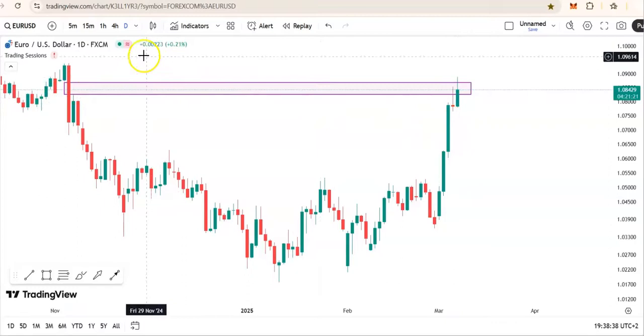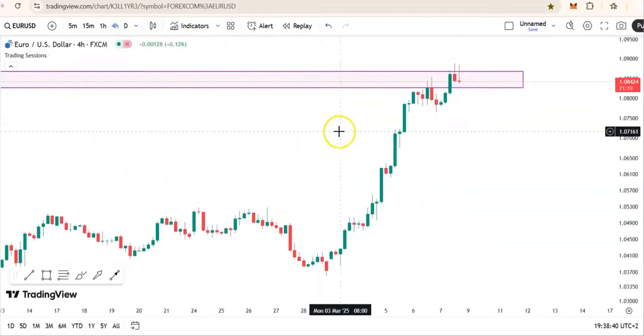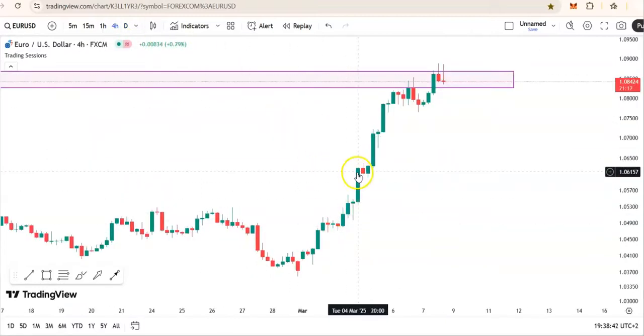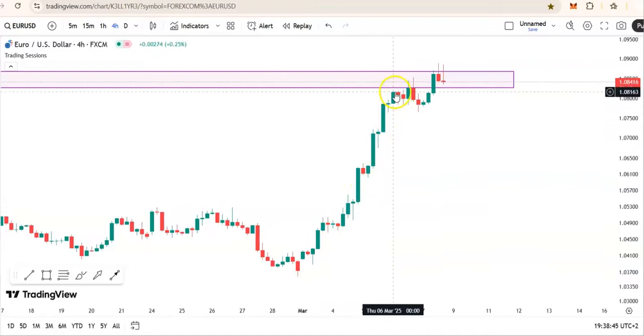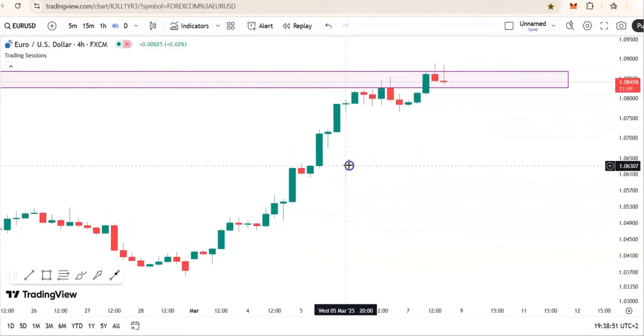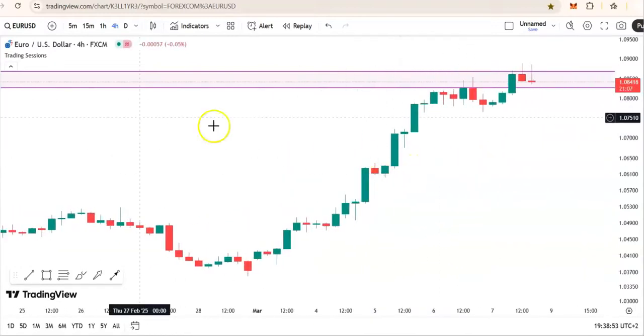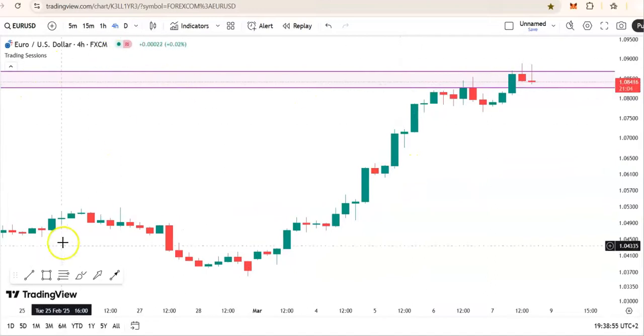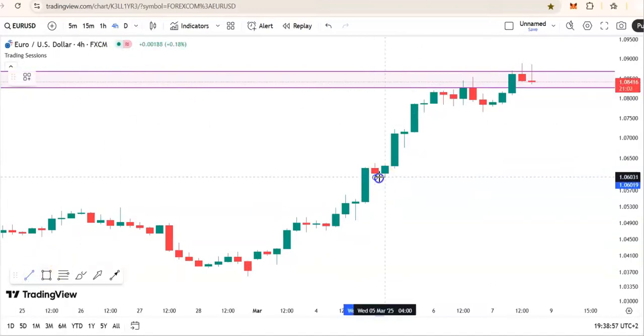So daily fair value gap zone here, and on the 4-hourly, as you can see, price was pushing to the upside. And yesterday, as you can see, on the 6th of March, what we paid attention to was, first of all, this swing low.